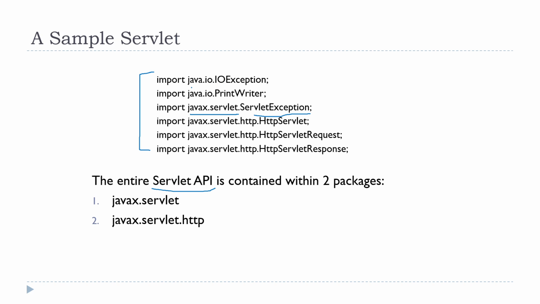Similarly, we are importing java.io because we are also throwing IO exception from the doGet method. IO exception might occur because we are writing to the response object. The response object returns a print writer object, which we saw here.